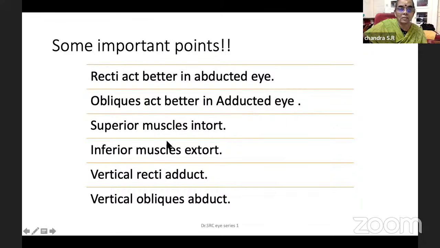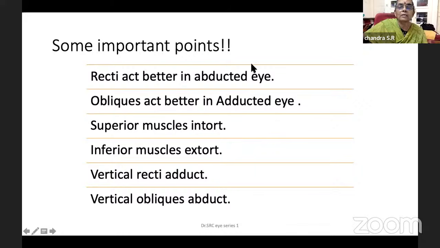Superior muscles intort. That is superior rectus and superior oblique, they intort. Inferior muscles extort. That is inferior rectus and inferior oblique. Vertical recti adduct. That is superior rectus and inferior rectus, they adduct. Vertical obliques abduct. Superior oblique and inferior oblique, and this is the formula.